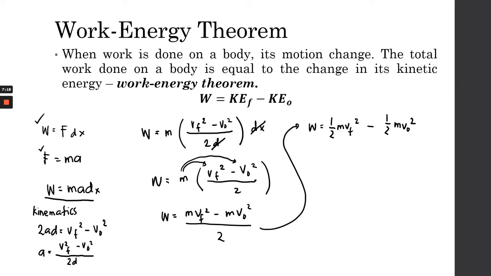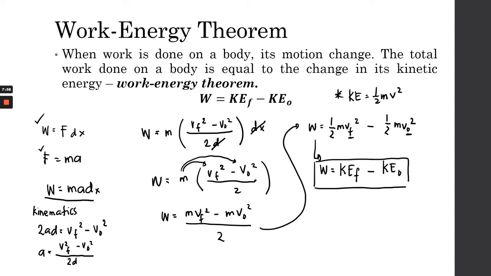And what you can see, remember, kinetic energy of a system, of a body, is equal to 1/2 mv squared. Virtually what we ended up having is an initial and final kinetic energy. Therefore, work is equal to the final kinetic energy of the system minus the initial kinetic energy of the system.